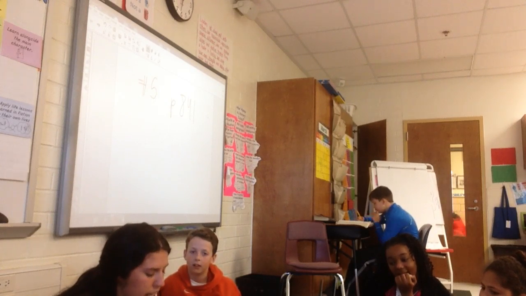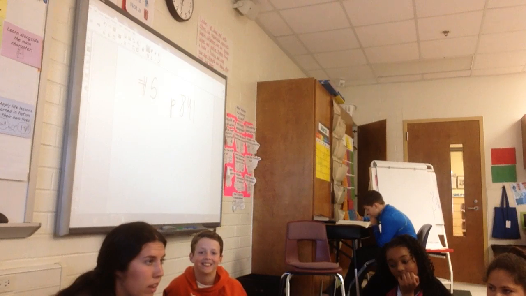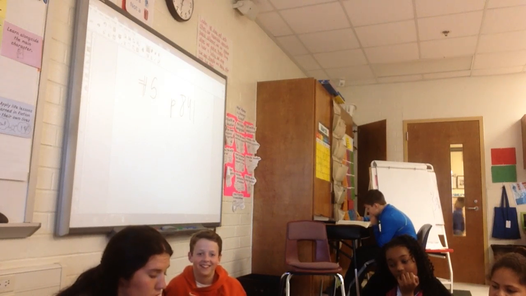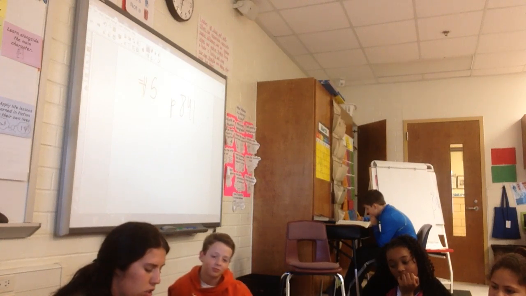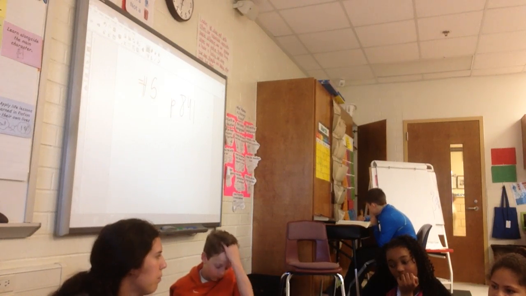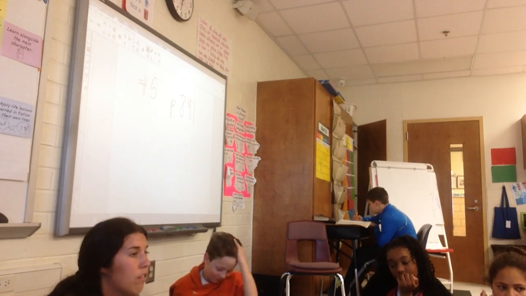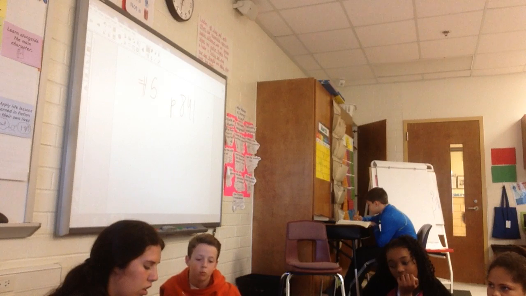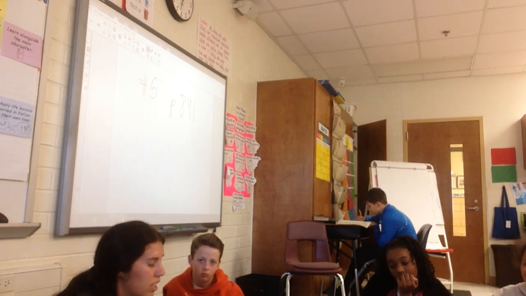What are we dividing by? 4. Because we're dividing by how many quarts go into that gallon. So there's 4 quarts in 1 gallon, so we're dividing by 4. 4 times 4 is 16.